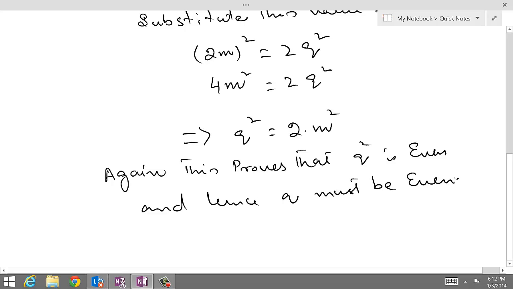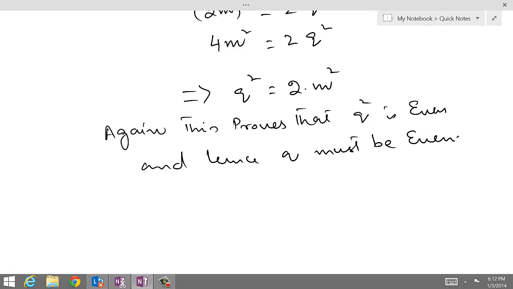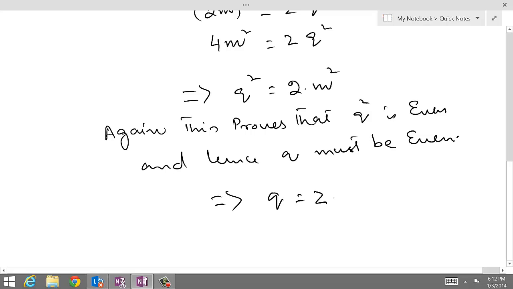Because q square is a complete square and it is even, for the reason we have described before, q is again even. If so, then what does this mean? q is equal to 2n for some n belonging to I.